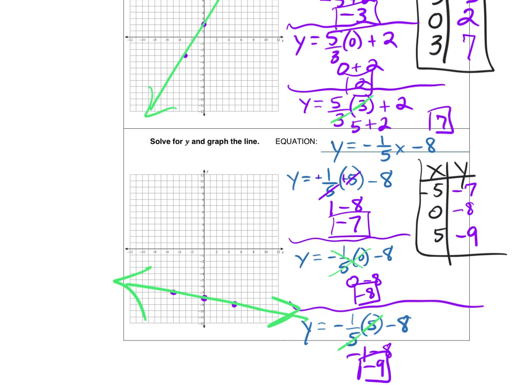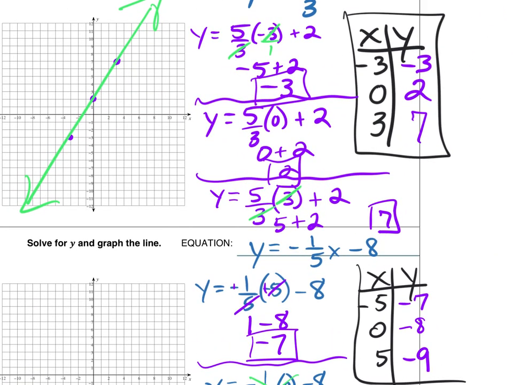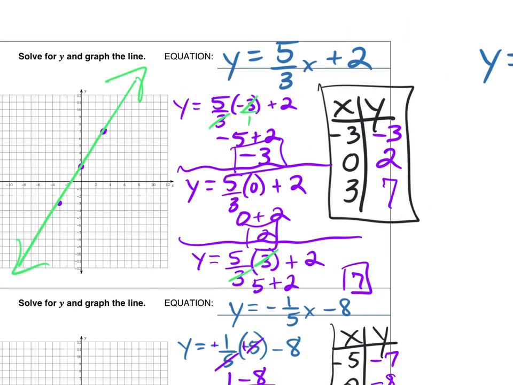One last thing I want to point out is that as we saw with when there was an integer slope and now with the fractional slope, you get to the point where you do not need to actually work out when x equals 0, because every time 0 cancels out the slope and you're left with the y-intercept.